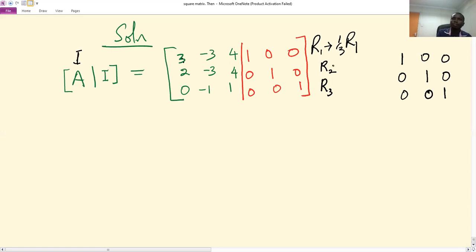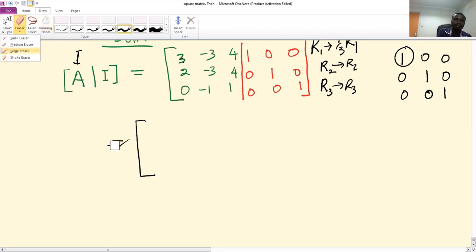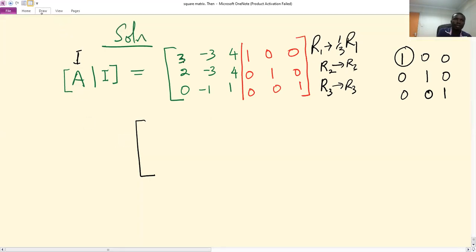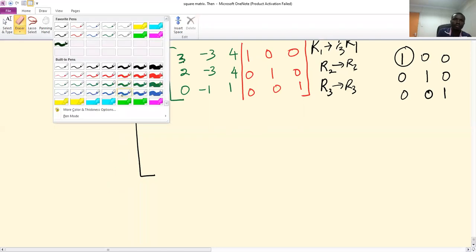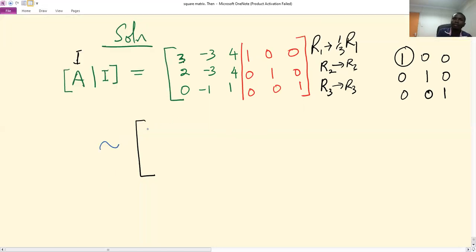So row 1, row 2 is row 2, row 3 is row 3. So we are trying to ensure that we have 1 in this position. So that will be equivalent to 1 and then negative 1, 4 over 3.